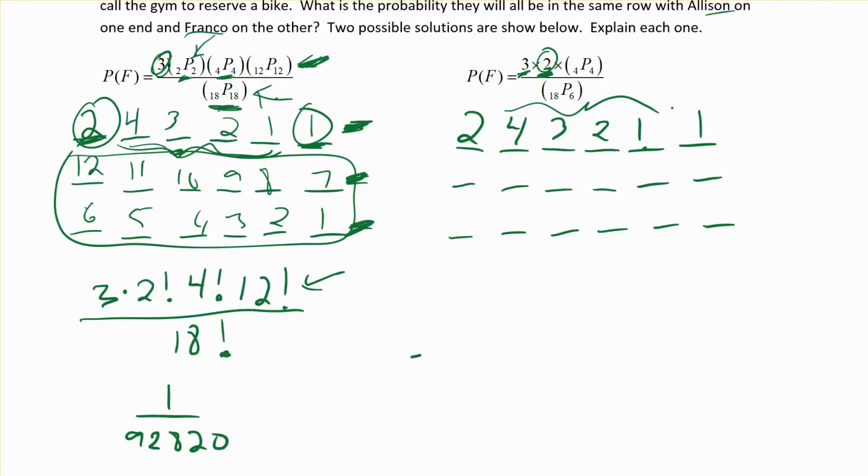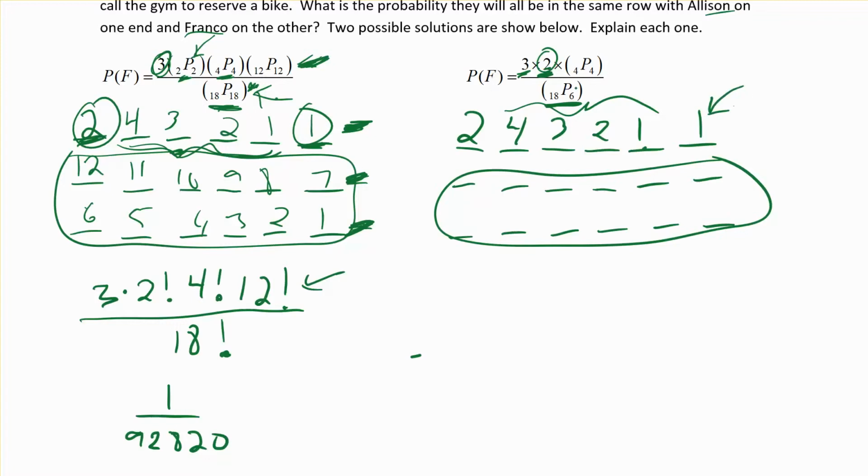The difference here now, though, is that over the bottom, total number of outcomes, it's 18P6. So instead of having 18P18 like we did there, like 18 factorial, all we're going to do is ignore all those ones, and we're only choosing 6. So 18 people, we're only choosing 6.